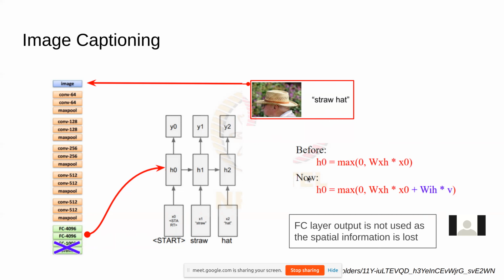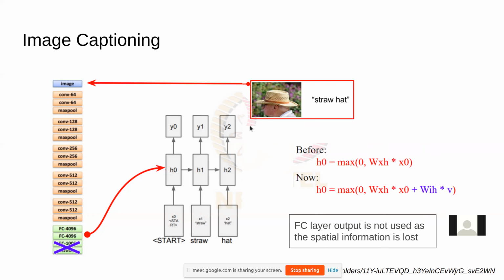Now, along with the current input x0, that is the words which are getting predicted, it will also depend on the features of the image represented here by v. And all these W's have to be learned during training. And we are using this part, okay? And this is how things are going on.